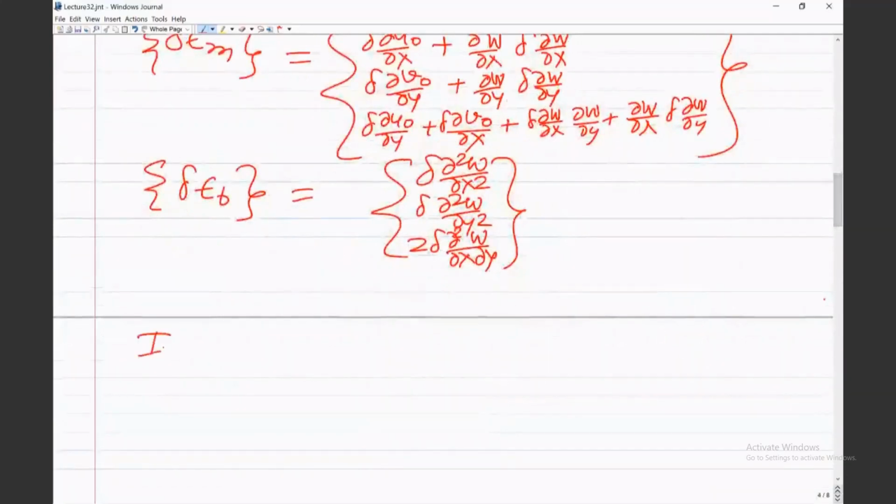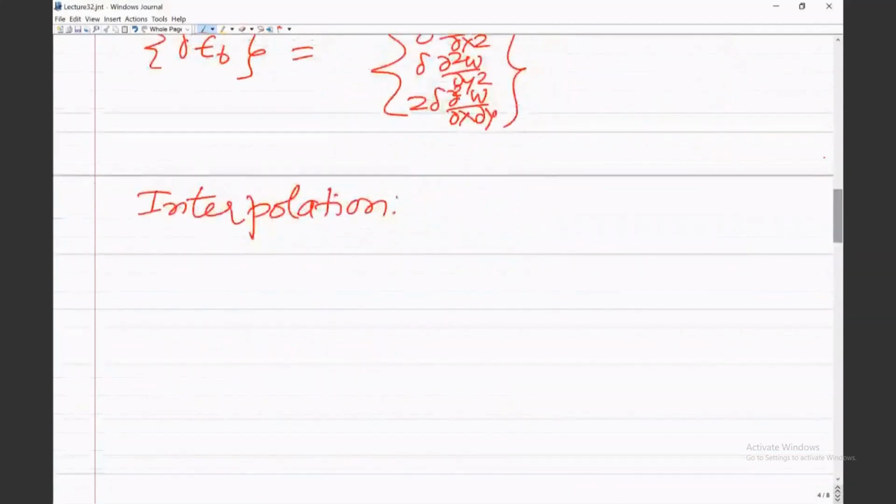the interpolation of the variables. I am assuming that you recall the non-conforming plate bending element, so I'm going to use that. For the non-conforming interpolation of w, we have of course 4 nodes, 1, 2, 3, and 4.